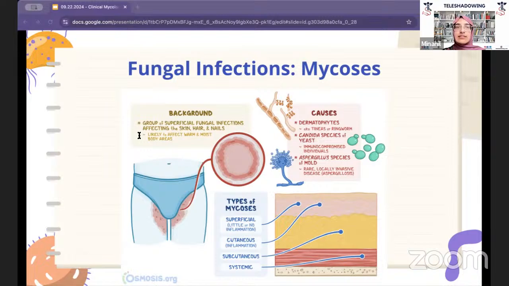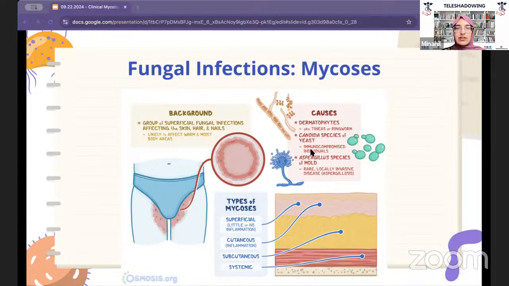Superficial and systemic mycoses are both types of fungal infections that can affect the body in different ways. As you can sort of guess, superficial mycoses affect whatever is superficial to you, like your skin, hair, and nails, and they're also the most common type of fungal infection.